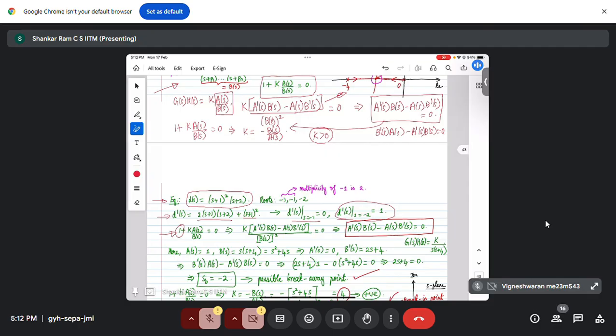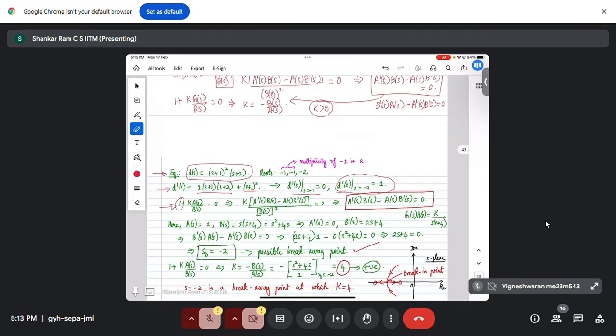So I hope it's clear how we got this formula, okay? Now let's apply it to our example. In our example, if we recall, the open loop transfer function was k divided by s times s plus 4, right? So what do you think is A of s?